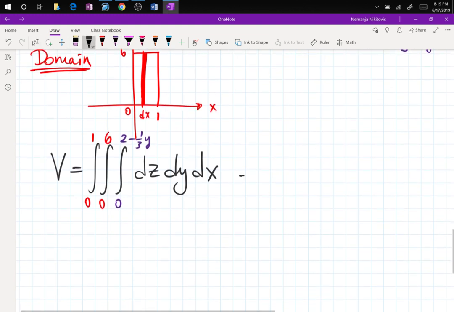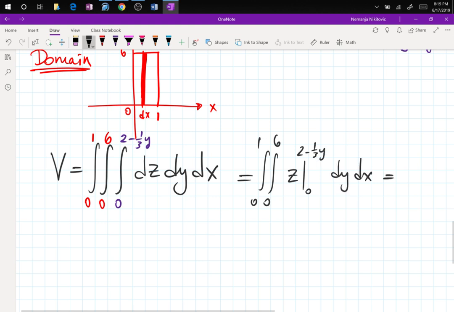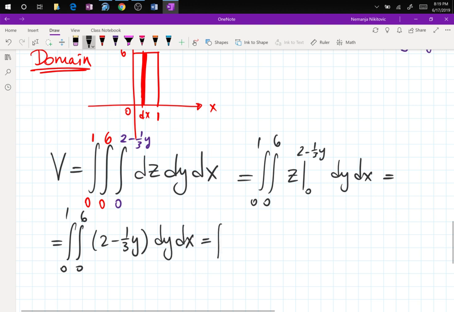And now we compute this. So two integrals, 0 to 1 and 0 to 6. And now when I integrate z, it's going to be z from 0 to 2 minus 1/3 y. And I still have the dy, and I still have the dx. Now I am integrating 2 minus 1/3 y dy dx.